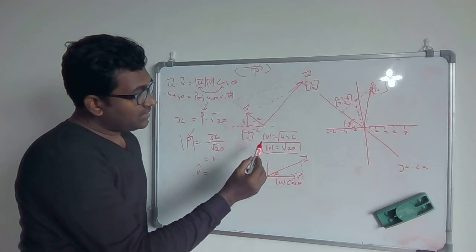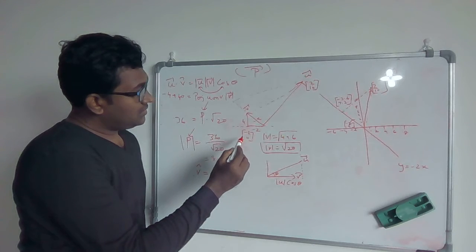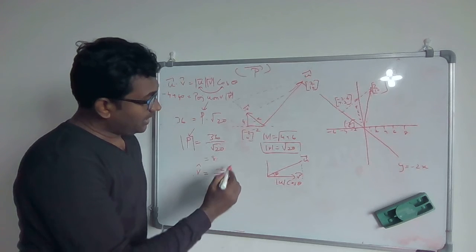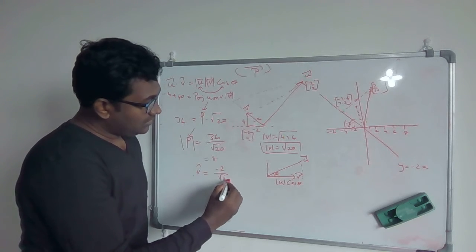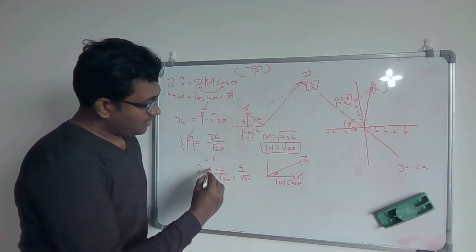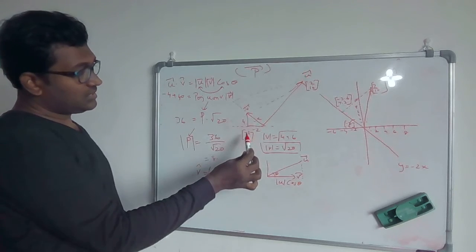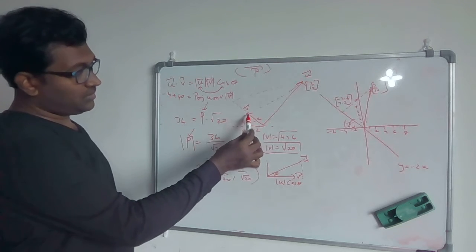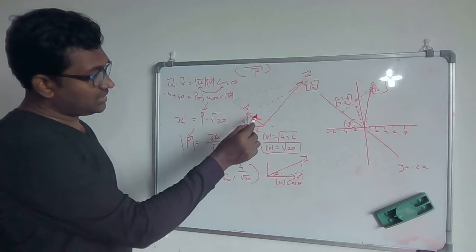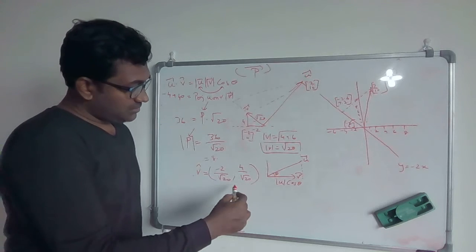You divide the coordinates with this magnitude, then it is called the unit vector. This coordinate is minus 2, magnitude is square root of 20. That's the x coordinate. Similarly, the y coordinate, you take 4 and divide by square root of 20. If you divide the coordinates of the vector with its magnitude, which is square root of 20, you will get the unit vector.